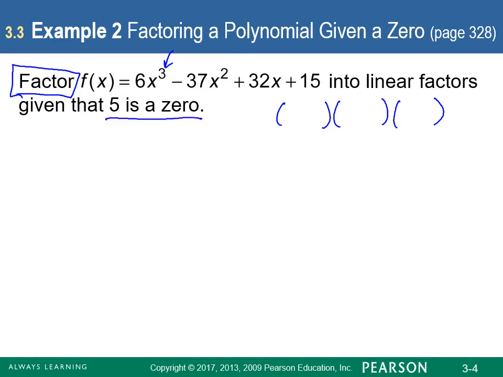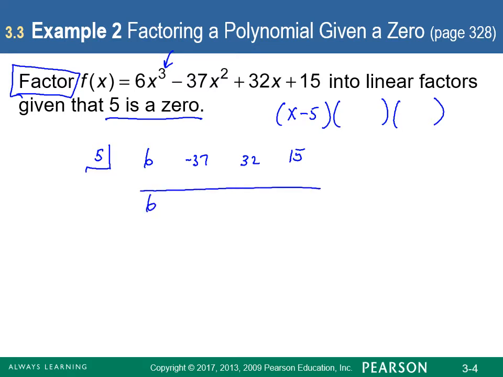So we should be able to write x minus 5 as one of the factors. Now, not that we don't believe them, but sometimes we don't. We're going to actually test the 5 using synthetic division and make sure we do come out with a 0 at the end.